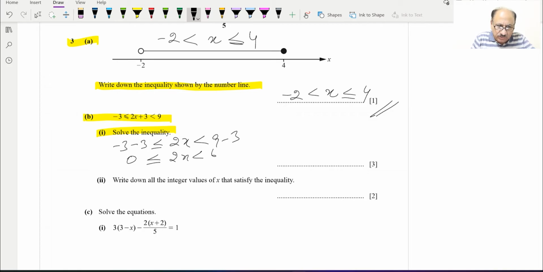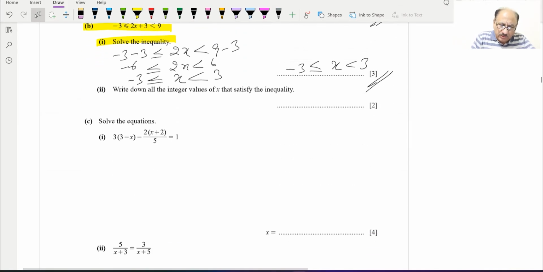Now we shift 2 to the other side. So minus 6 divided by 2 will be minus 3, and on the other side 6 by 2 will be 3, and this will be the answer: minus 3 less than or equal to x and less than 3. Basically this is a 3-mark question which is done.